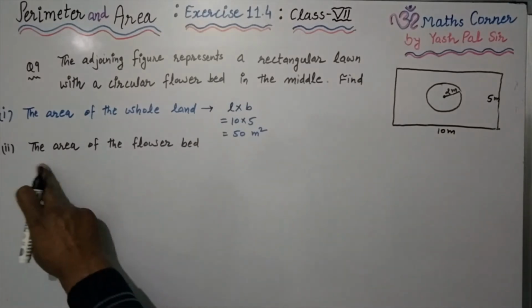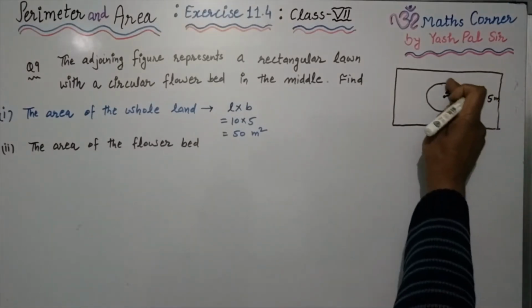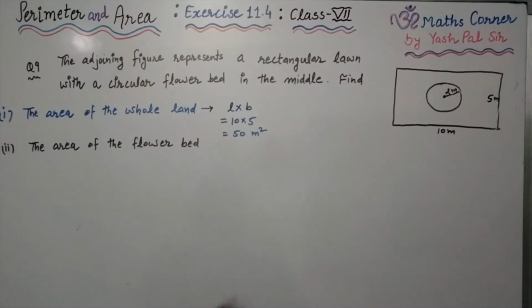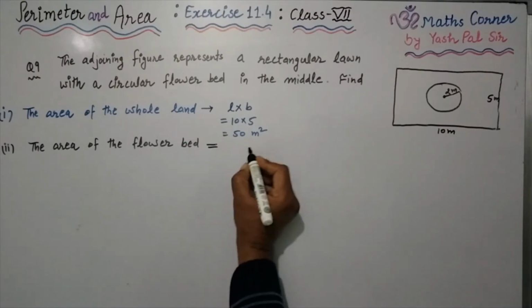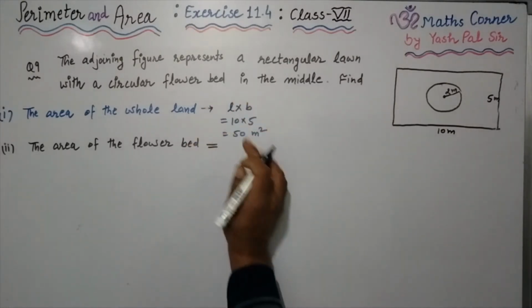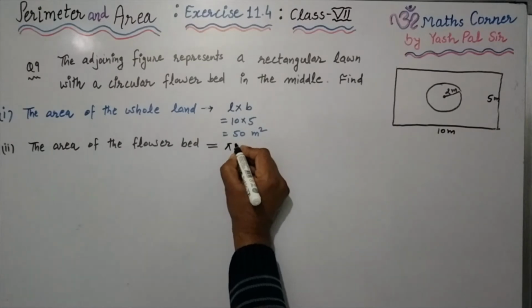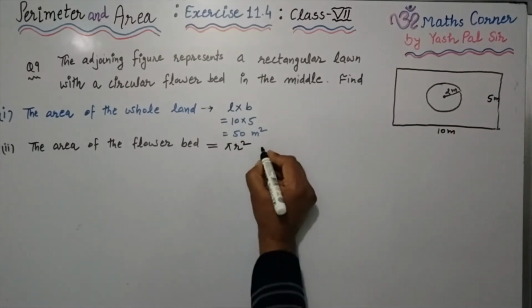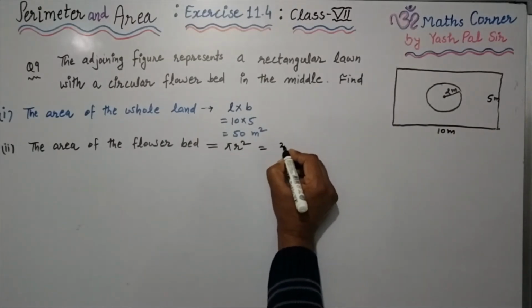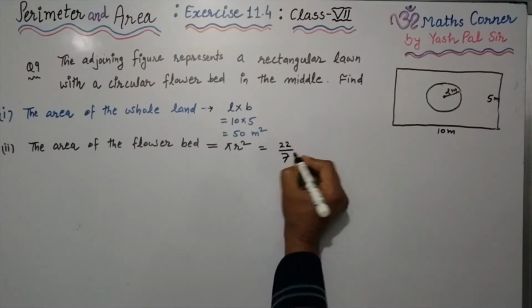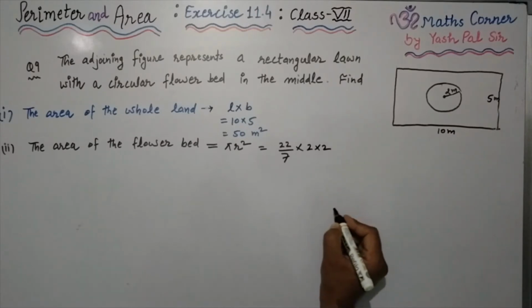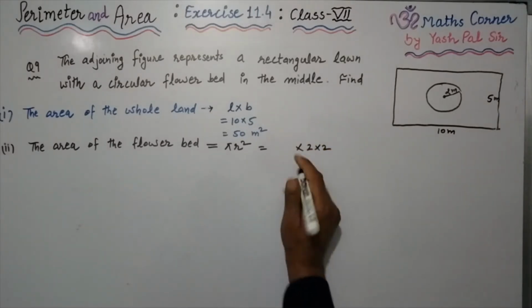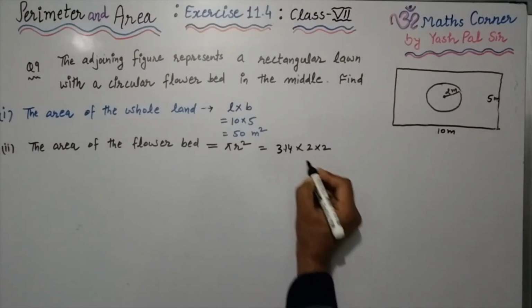Second part, the area of the flower bed. This is a circle of radius r equal to 2 meter. So we know that this area is pi r square. So this is equal to pi, 22 upon 7, into r is 2, 2 into 2, or we can say 3.14.